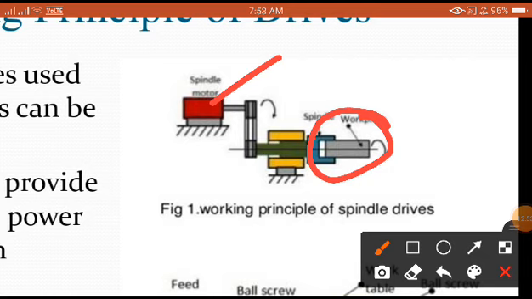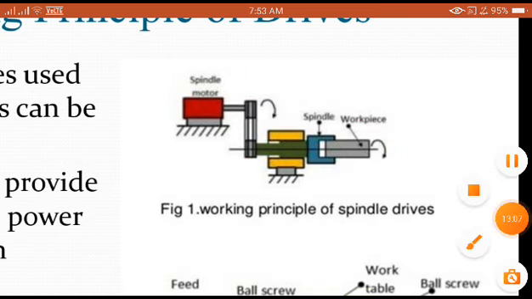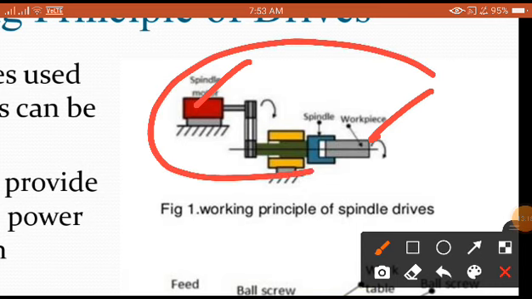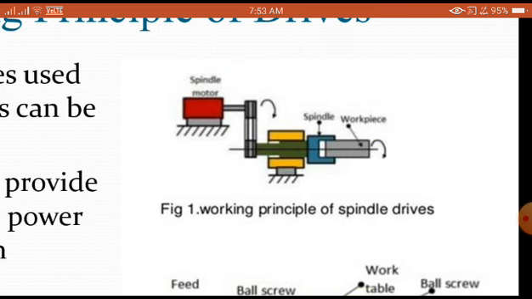We transmit this motion with the help of a certain mechanical arrangement, either belt drive or gear drive, whatever the requirement is. So we are transmitting the motion, or the power, from the motor to the workpiece. When this happens, the accuracy of workpiece rotation plays a very important role.